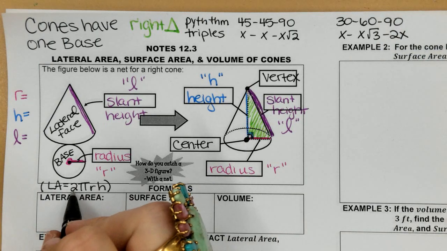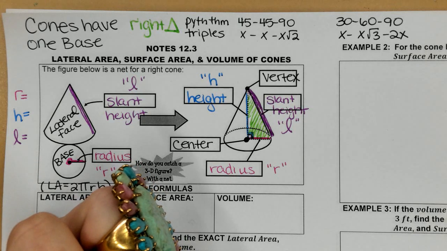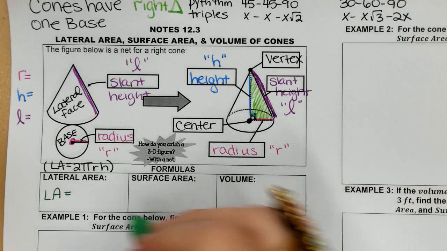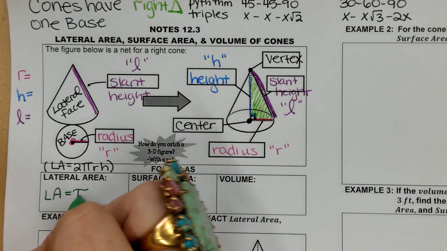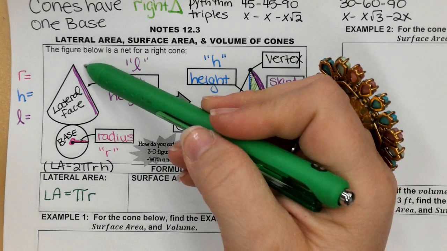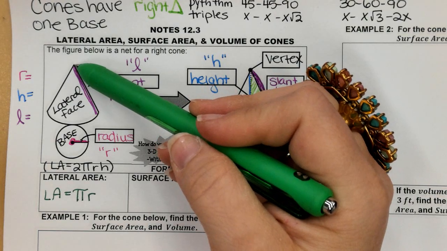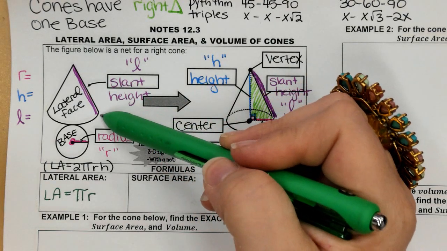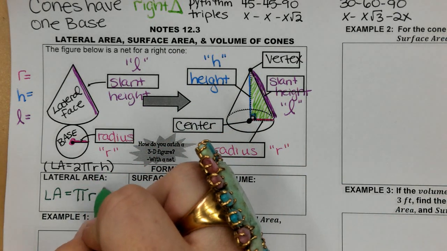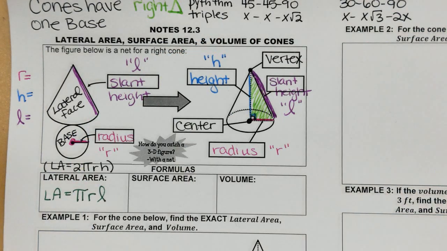So if I take half of 2, that is 1. So now I have 1 pi times the radius, and then the height before, the distance between the two bases. Well, now I'm going from the vertex to the base, so I'm going to substitute out that height for the slant height, because you're going from the top to the base.